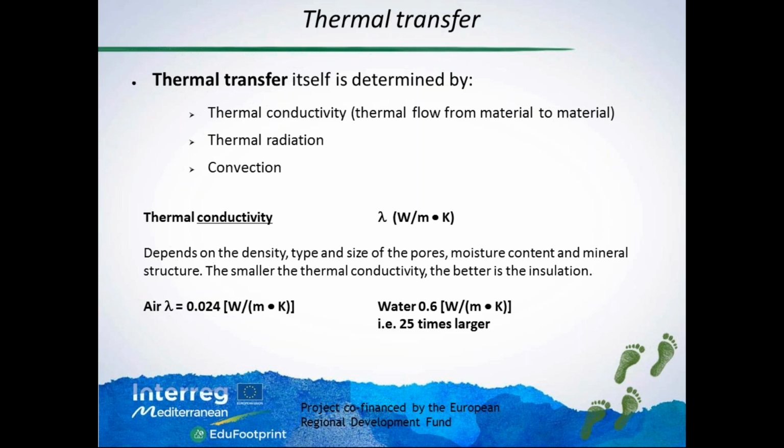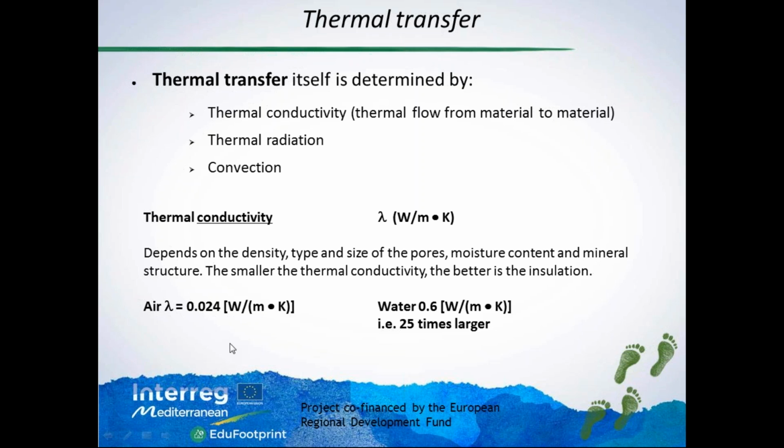A material which is very compact, which has a higher specific weight, has a very high lambda, and a light material which has very much air inside has a low lambda value, and it is a good material for insulation.